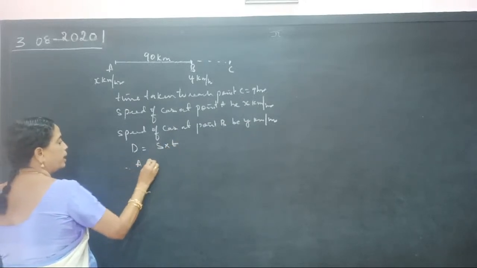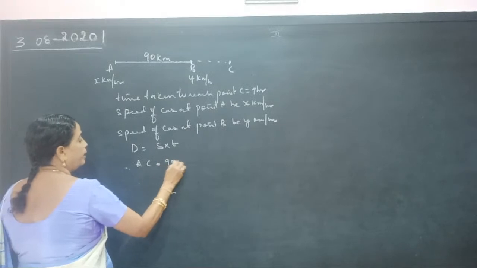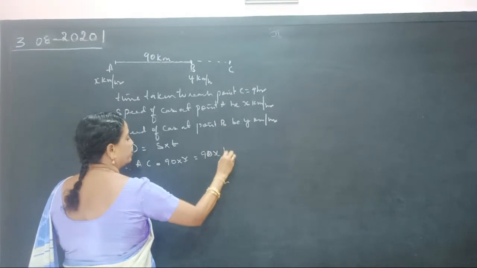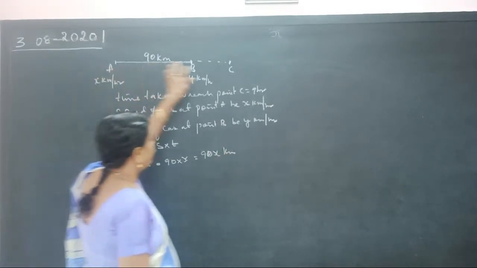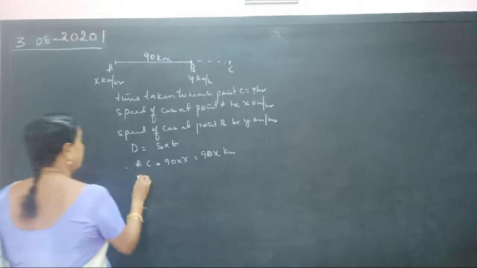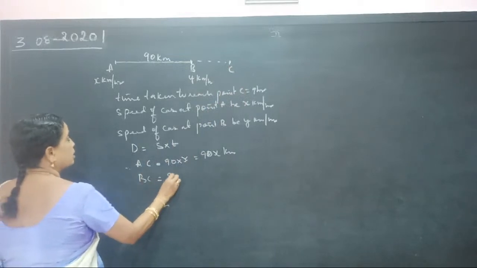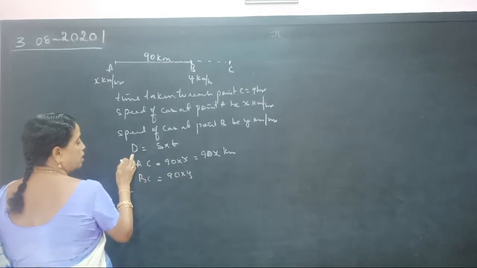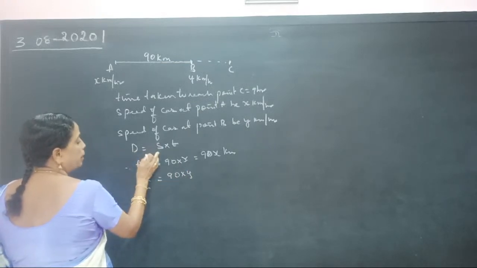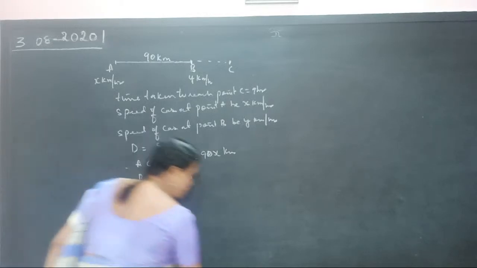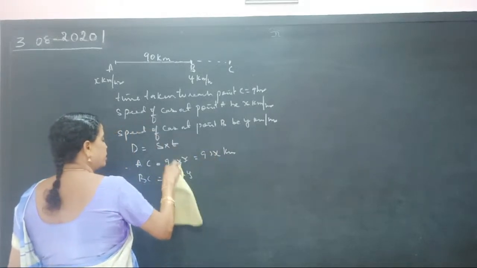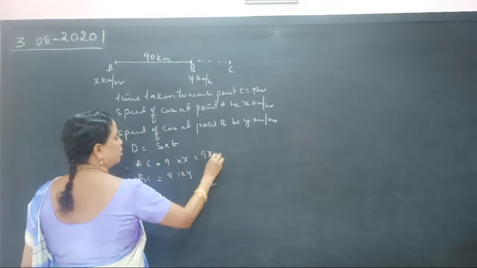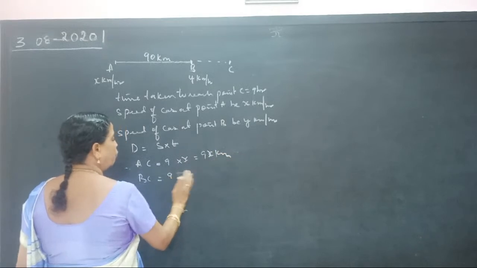Therefore, AC equals 9 into x, 9x kilometers, that is from A to C. Then BC equals 9 into y distance. Distance covered is equal to speed into time. Not 90, it is 9. I'm sorry. 9x kilometers and 9y kilometers.